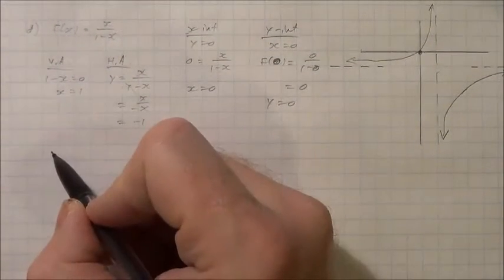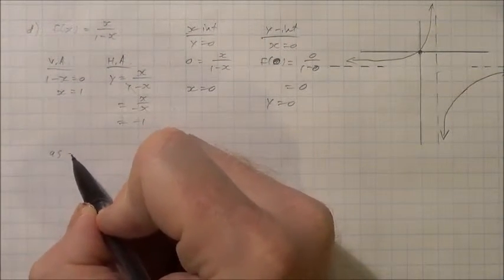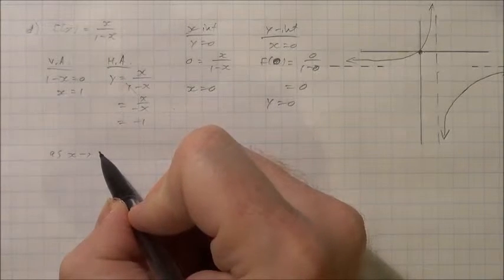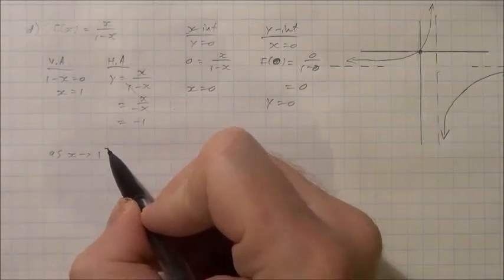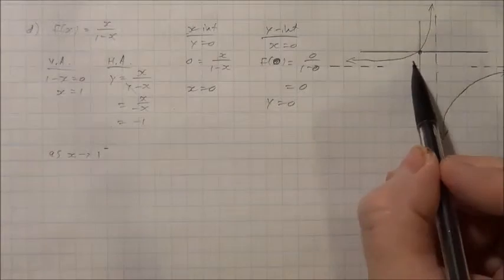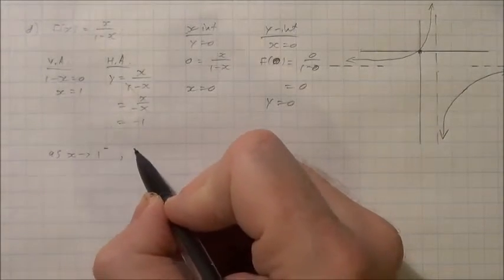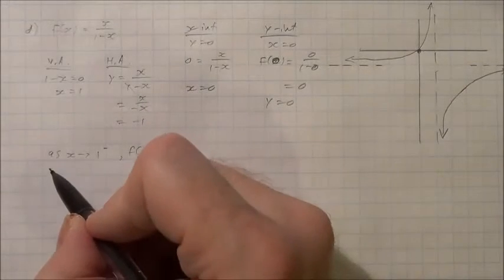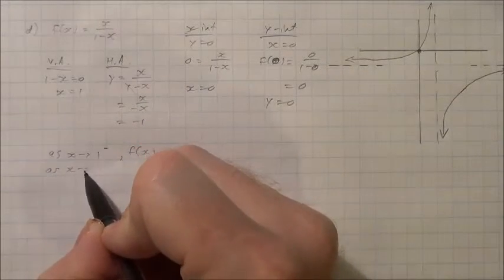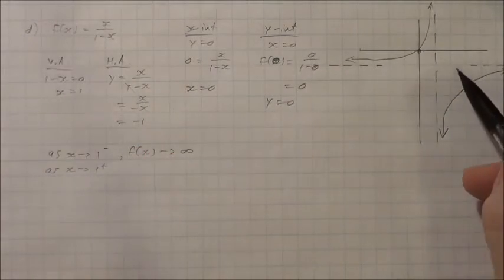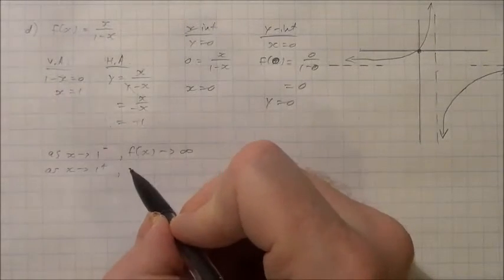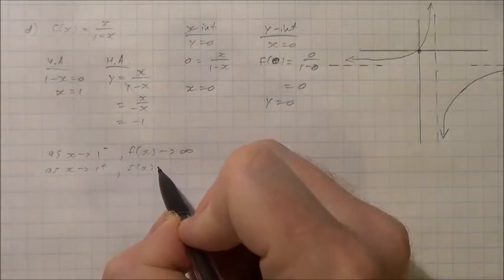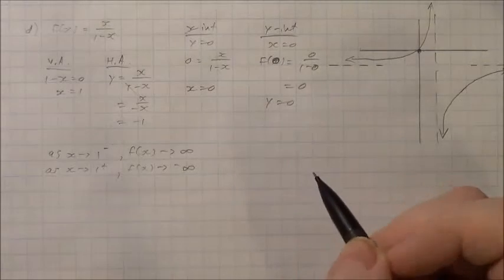So as x approaches 1 from the left, we see that f of x approaches positive infinity, and then as x approaches 1 from the right, coming in this direction, we see that f of x is approaching negative infinity.